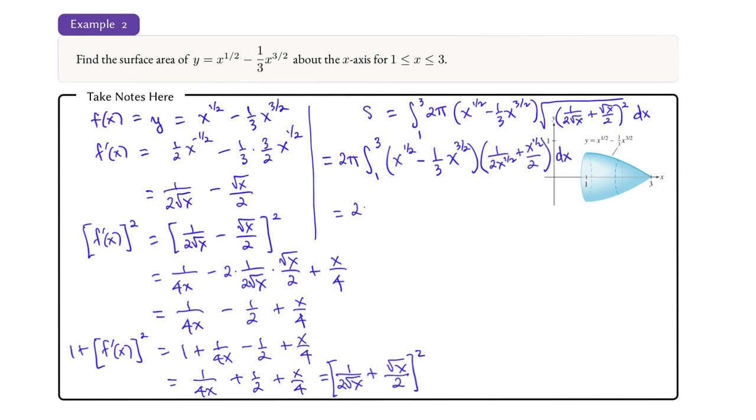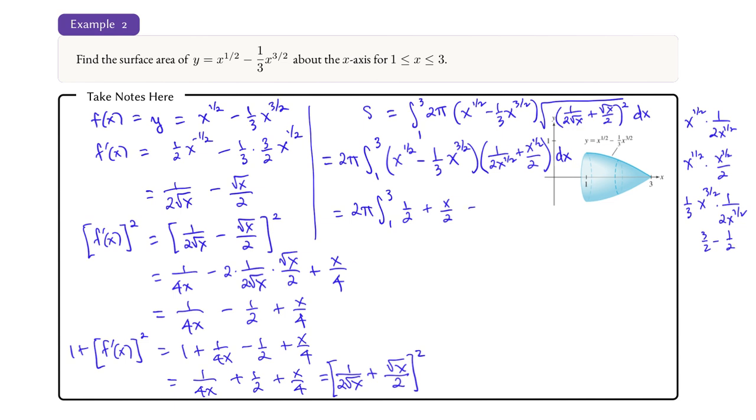Before we use the fundamental theorem of calculus to evaluate this integral, we will simplify the integrand by multiplying the terms. X to the 1/2 times 1 over 2 x to the 1/2 is 1/2. X to the 1/2 times x to the 1/2 over 2 is x over 2. 1/3 x to the 3/2 times 1 over 2 x to the 1/2 is 1 over 6 times x.